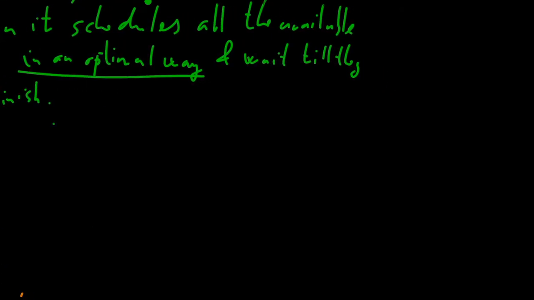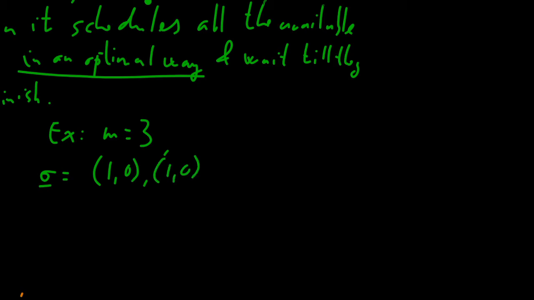An example where I have 3 machines and an input sequence. There is a job of size 1 in the very beginning, actually 2 of them, then a job of size 2, and then a job of size 3.